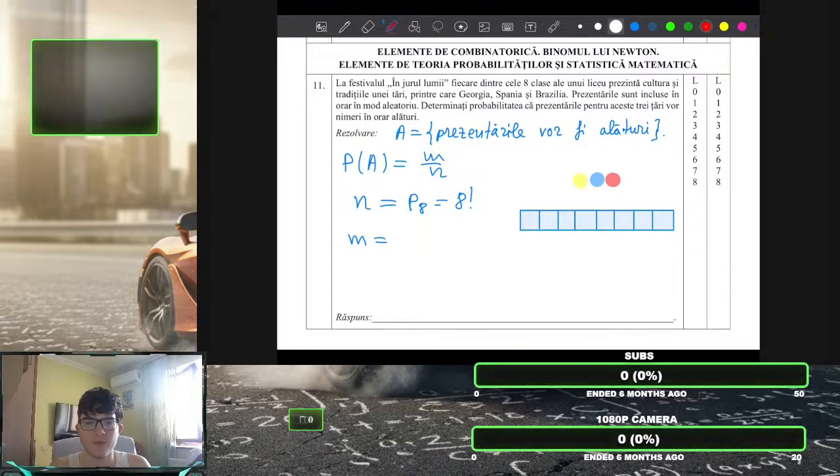So to find the favorable number of cases, what we need to do is think about it.